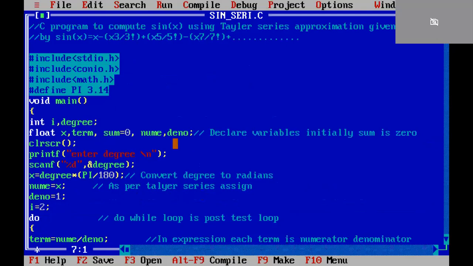Now your program is ready. These are the two variations that you can remember while execution.